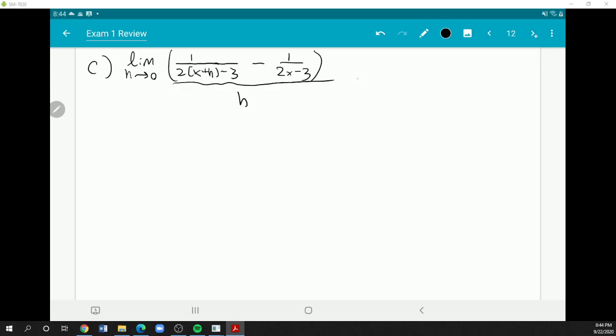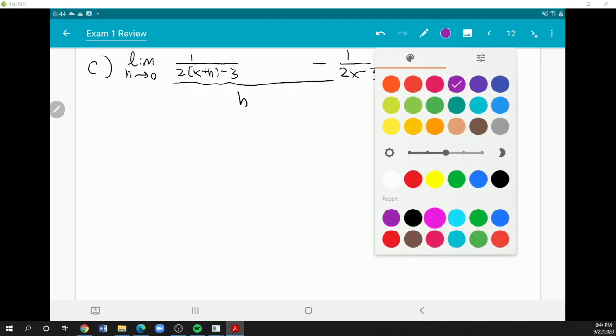So what do I do? I find a common denominator. So let me actually move all this stuff so I have enough room to write everything. What I wrote was correct, but I'm going to make sure I have enough room for everything here.